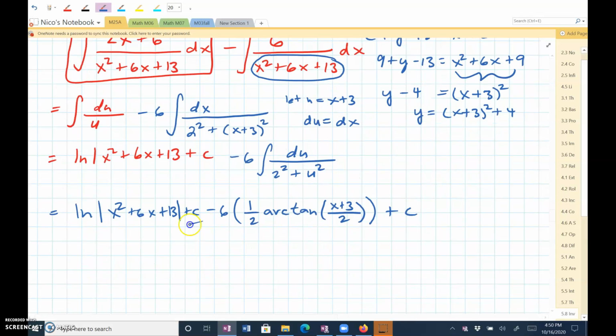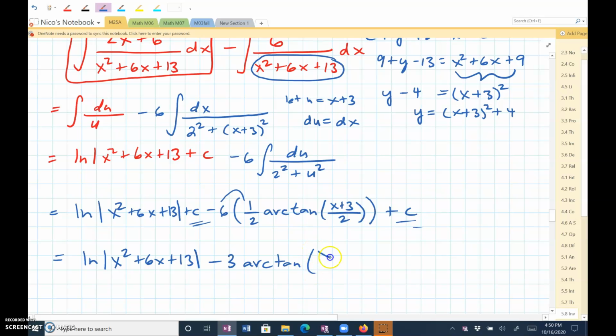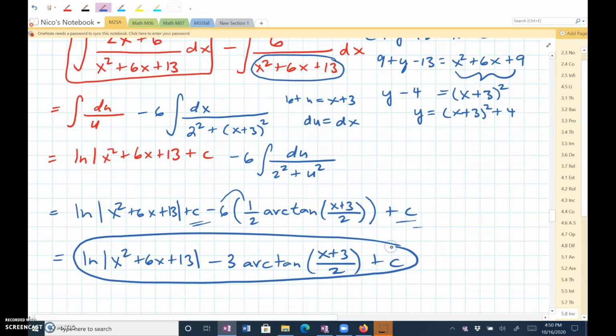So then when you add c plus c, it's still going to be some constant. So your final answer is going to be the natural log of the absolute value of x squared plus 6x plus 13 minus, multiply here, make this minus 3 times arc tangent x plus 3 divided by 2 plus c. That would be our final answer.